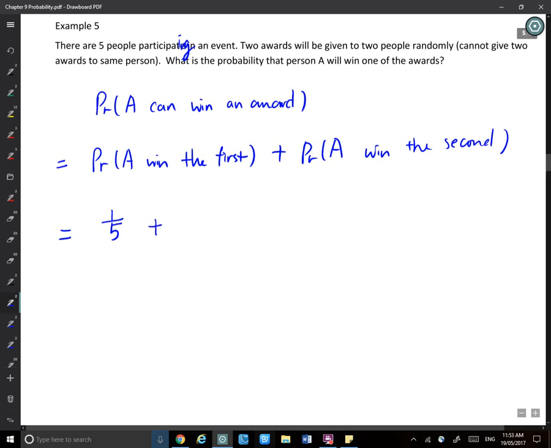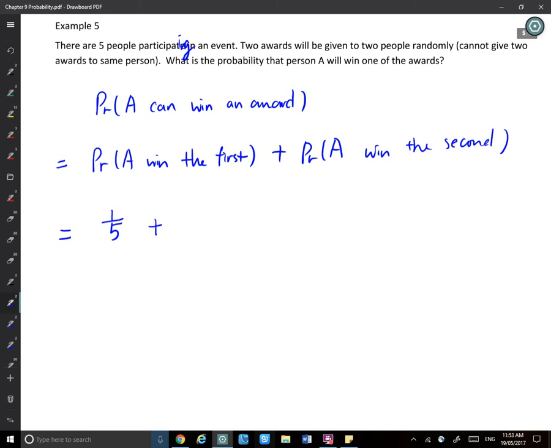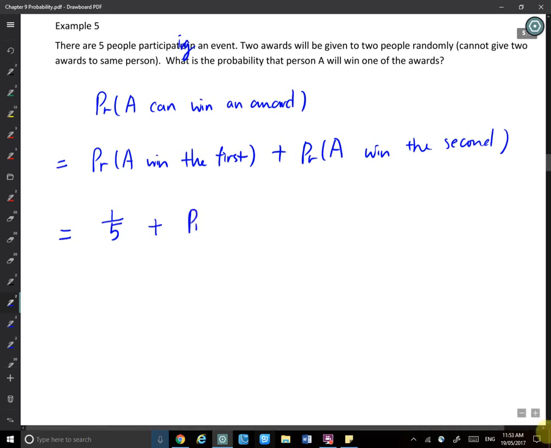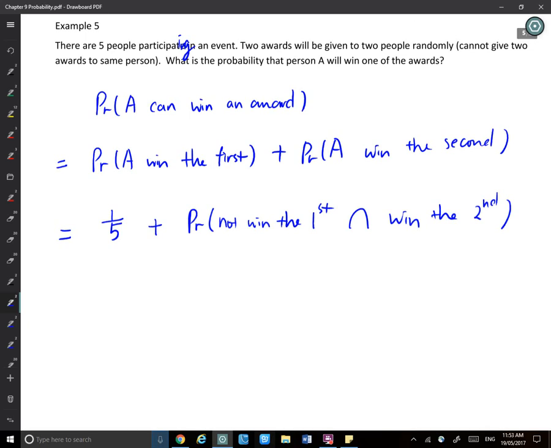Plus the probability of winning the second. Probability of winning the second means probability not win the first, intersect win the second. Right? If you want to win the second award, it must mean that you are not winning the first.